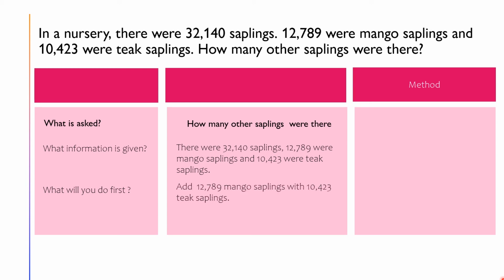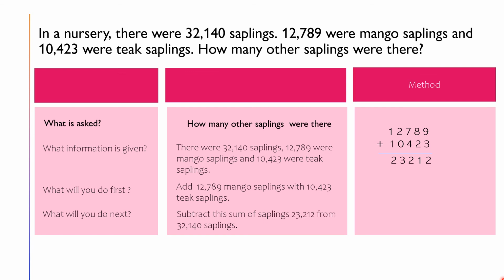Add 12,789 mango saplings with 10,423 teak saplings. So in the third column we will do the method of addition. 12,789 plus 10,423, we will get the answer 23,212. Now what will you do next?